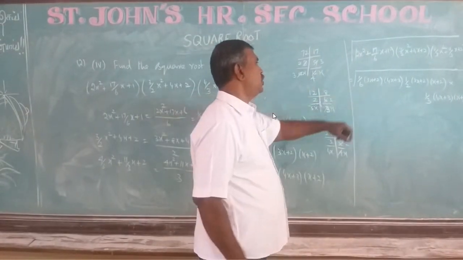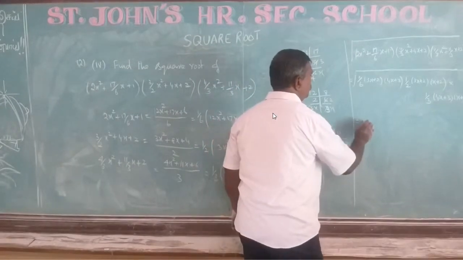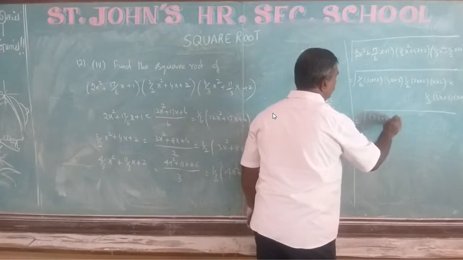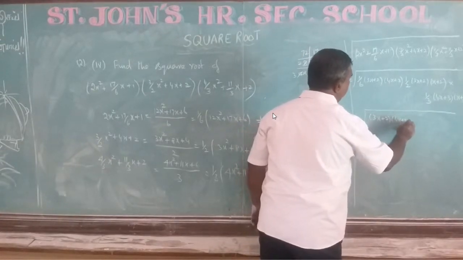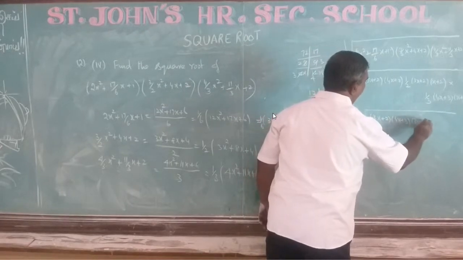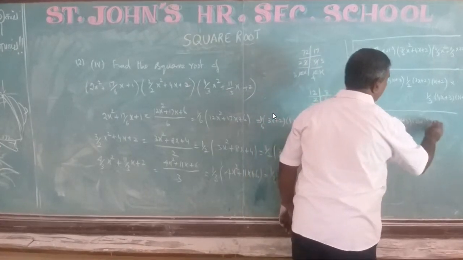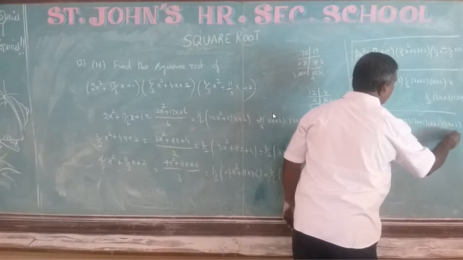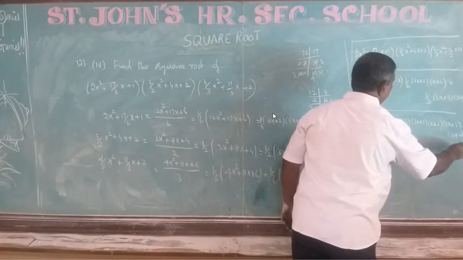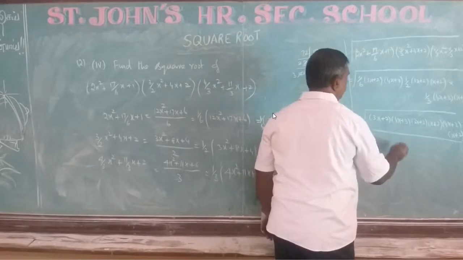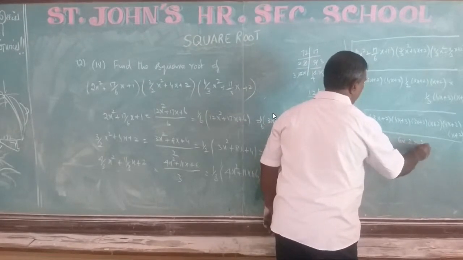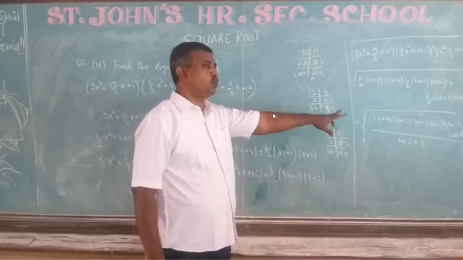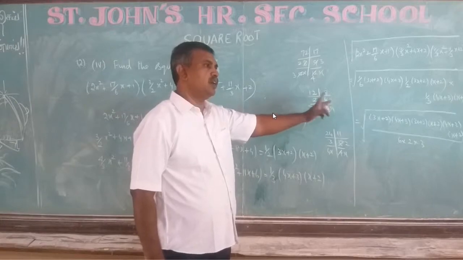Now we have the square root of the numerator (3x plus 2)(4x plus 3) into (3x plus 2)(x plus 2) into (4x plus 3)(x plus 2), divided by 6 into 2 into 3. Now we take the square root. Where a factor appears twice, we take one outside.